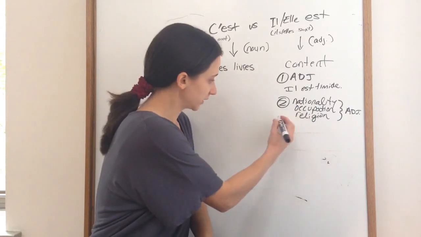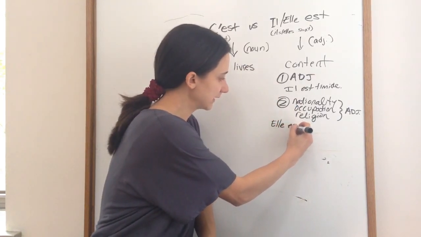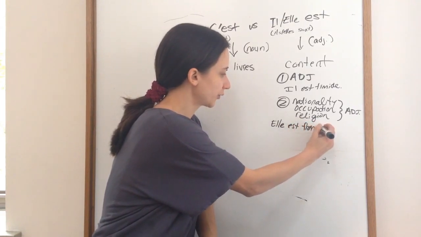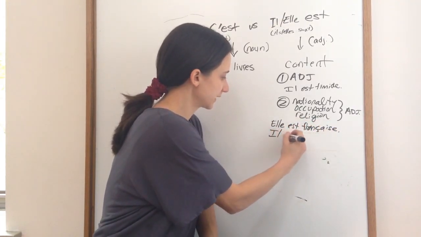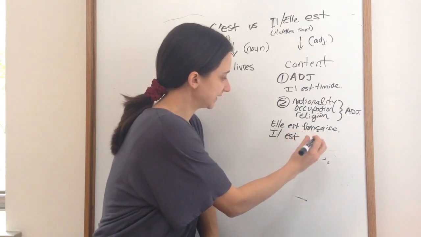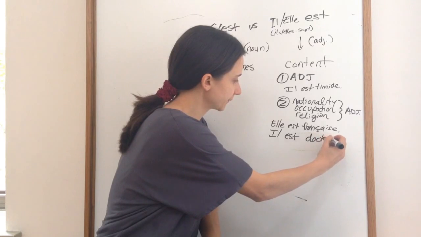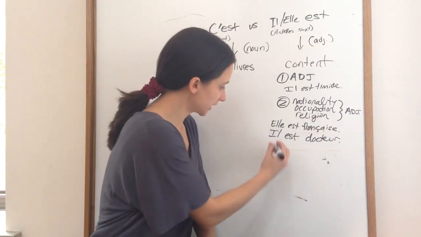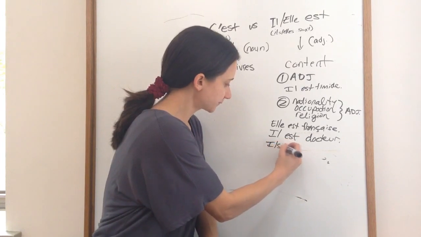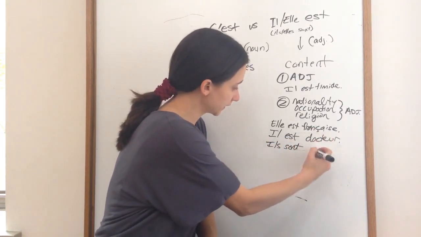So let's just go specific on that. Elle est française. She is French. Il est, we'll just say docteur. He's a doctor. That's occupation. And ils sont. And we'll name a few different religions here.